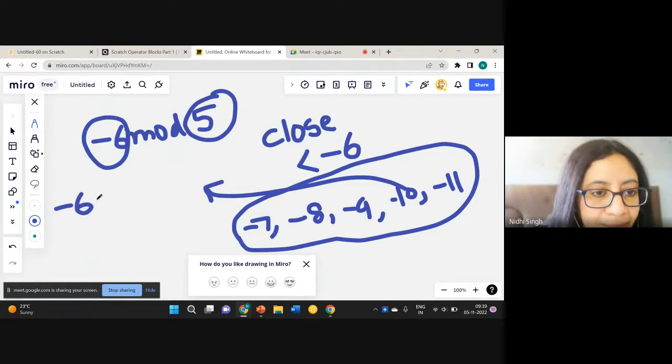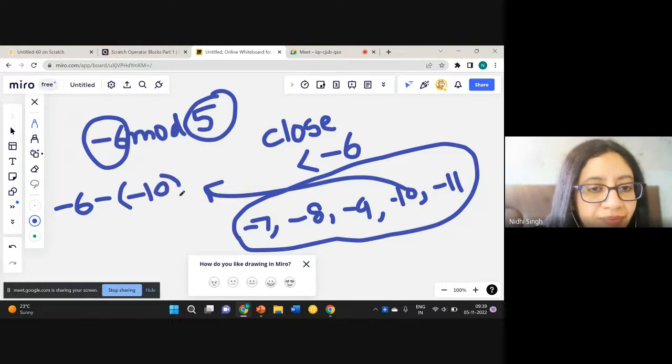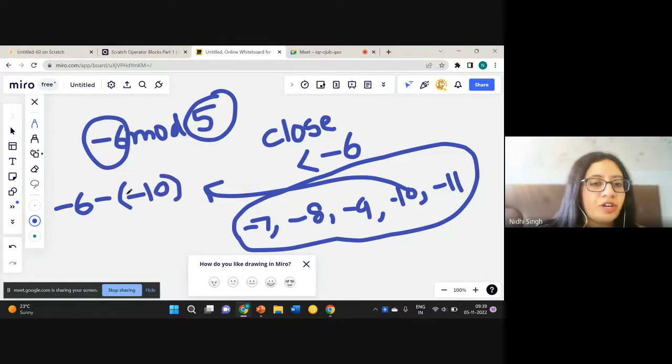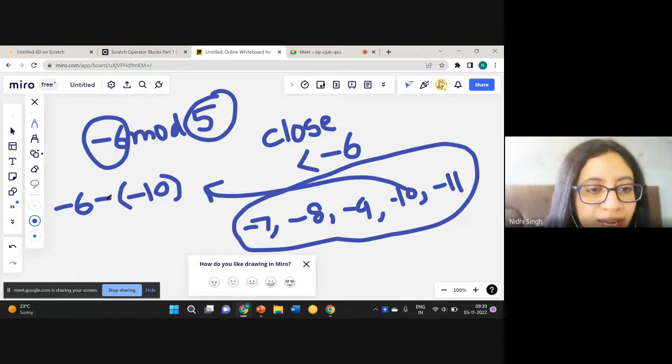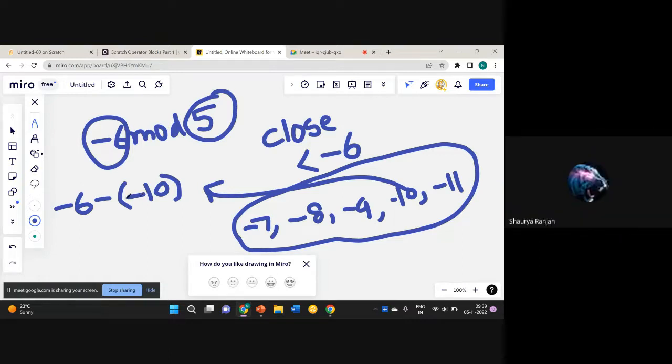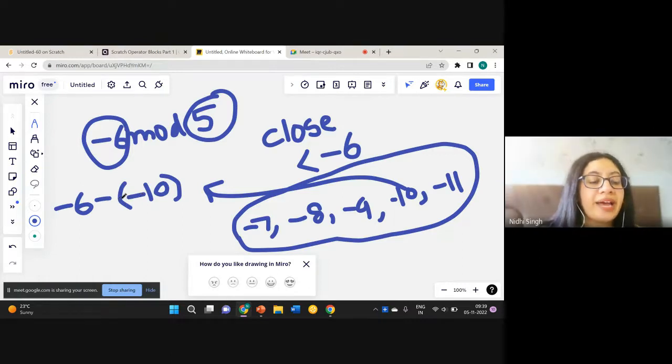I am subtracting minus 10 from minus 6, and minus minus... Shaurya, have you done this in your class? What will be the answer of minus minus? What will be the sign?